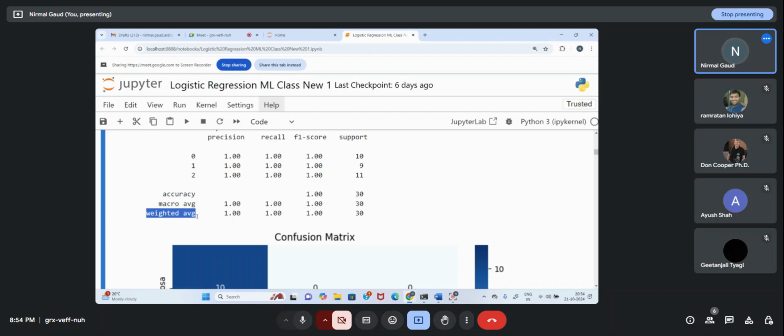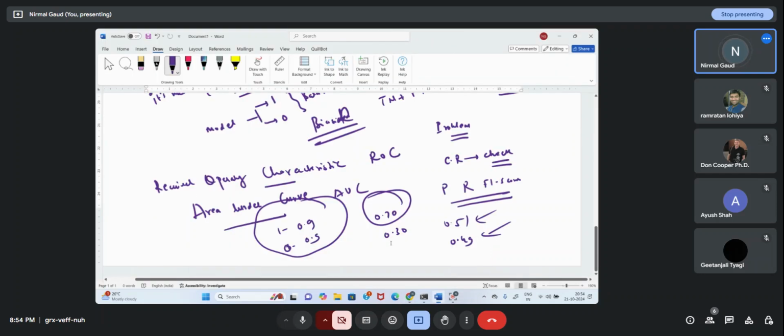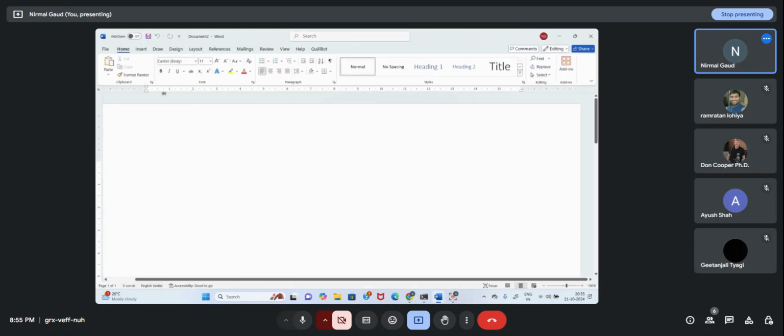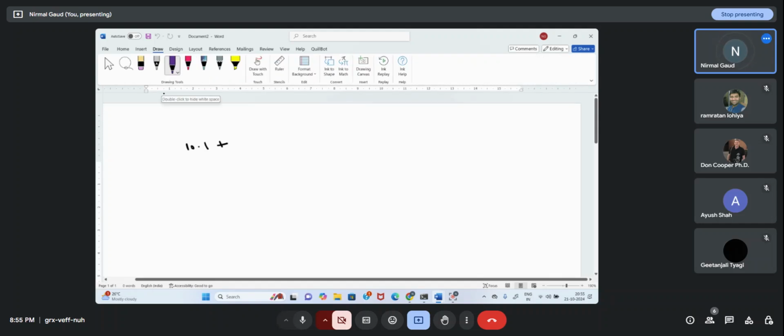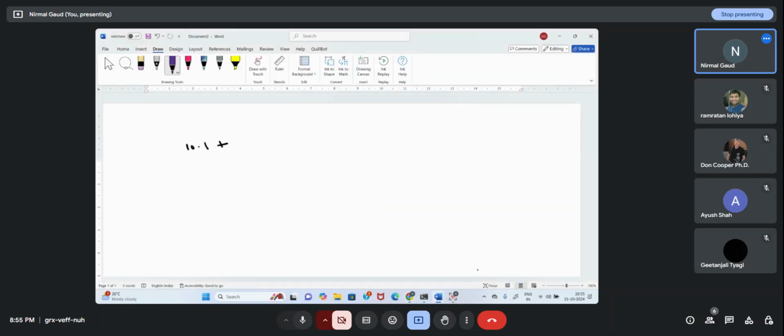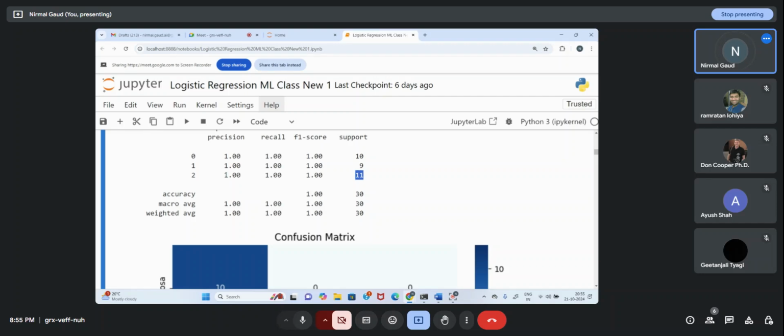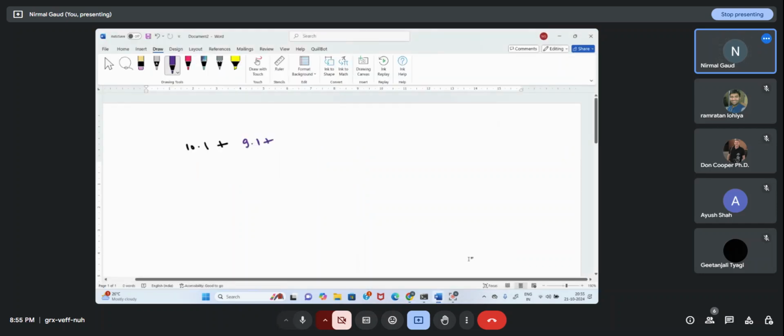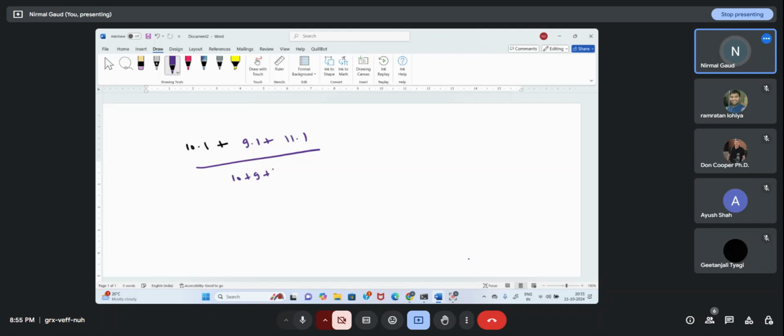Weighted average. Weighted average means 10 into 1 plus 9 into 1 plus 11 into 1, divided by 10 plus 9 plus 11.